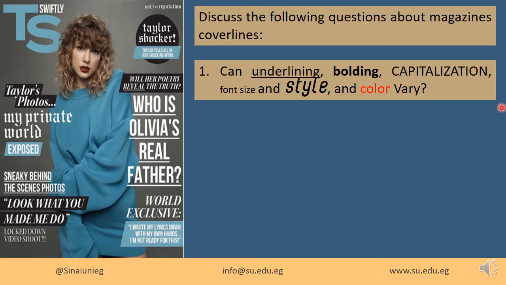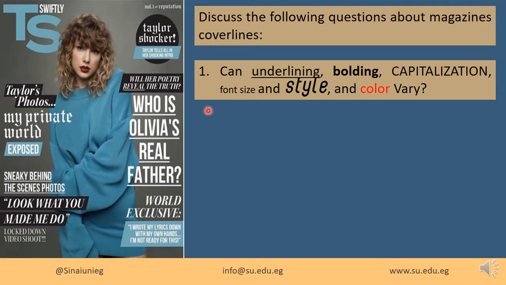Now we're going to discuss some features related to magazine cover lines. What are the things that we can do and what are the things that we can't do? And we will discuss them through the following questions. The first question we have here: can underlining, bolding, capitalization, font size and style, and color vary?